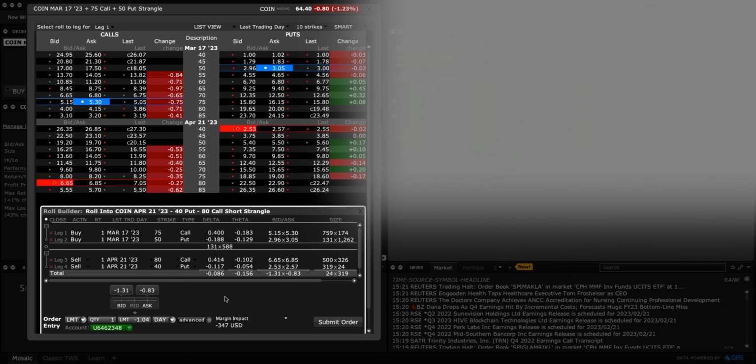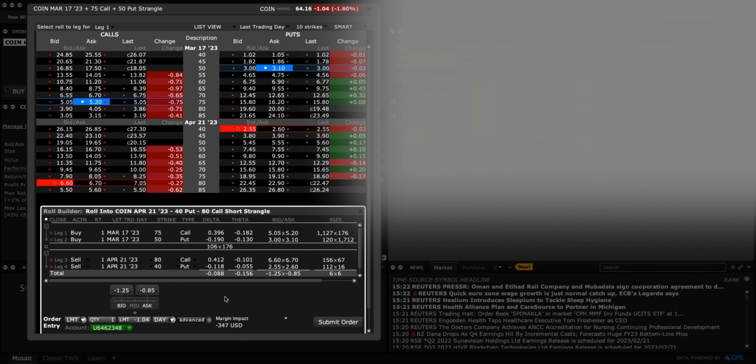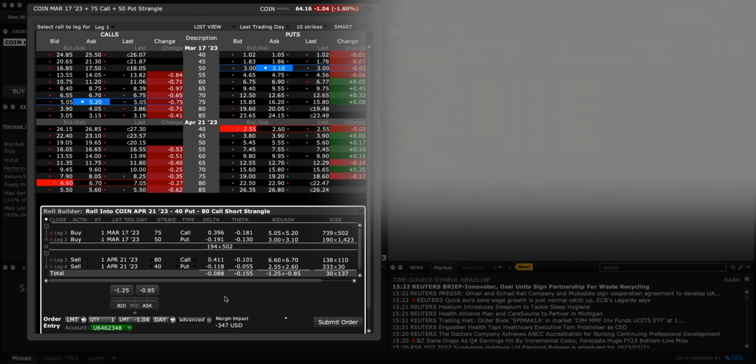Best case scenario for me as it currently stands is for Coinbase to not move as much, therefore getting my out the money call and put to decay a lot quicker because it's not hitting any of my strikes. I want to try to keep this as delta neutral as possible, and I'll be adjusting my strikes accordingly.